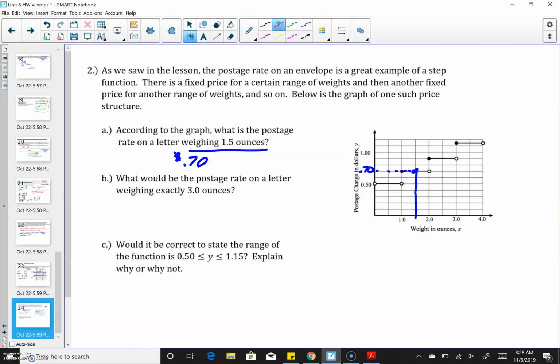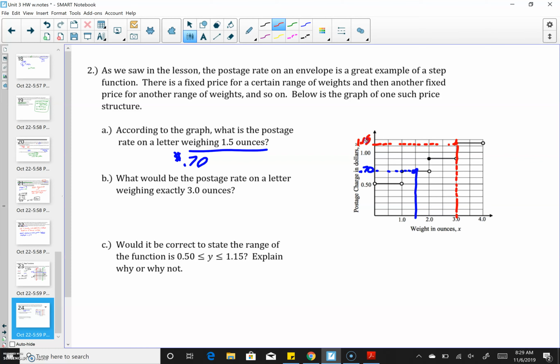What would be the postage rate on a letter weighing exactly 3 ounces? Well, this one becomes a little bit harder because we go up and we should see that it hits both a closed circle and an open circle. Now remember, at the open circle, that doesn't actually exist. So we need to only account for that closed circle, and as we go across there, it looks like it's above that line, and it looks like maybe it's about halfway through.